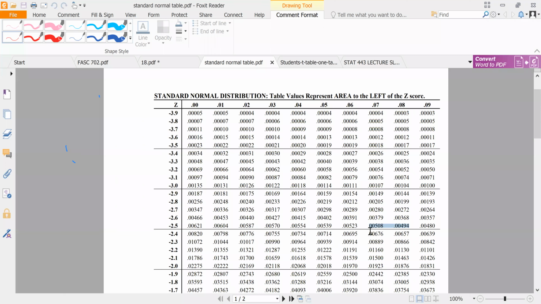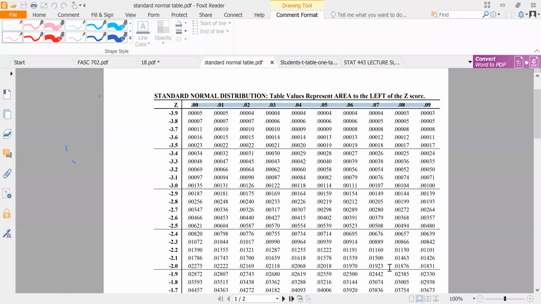Now, the value of Z that is giving us the probability 0.00508 is going to be equal to minus 2.57. These quantities up here are additional decimal places.